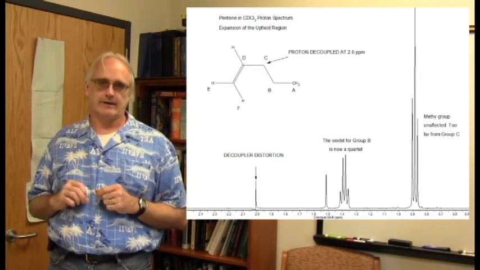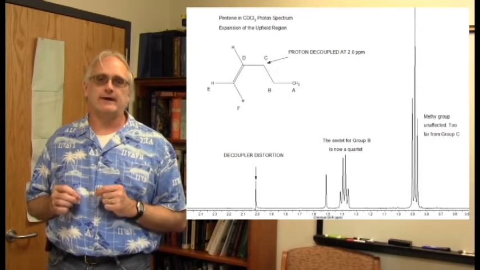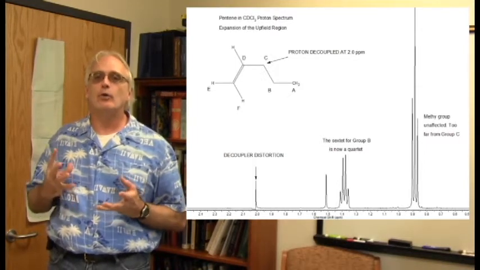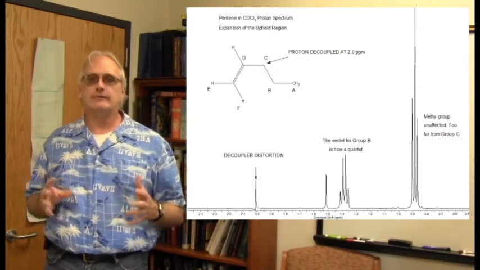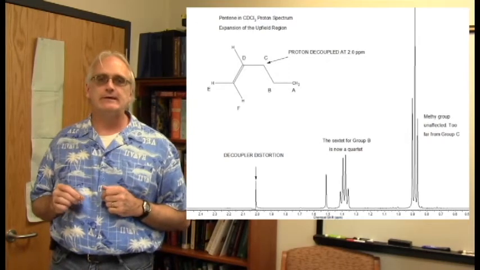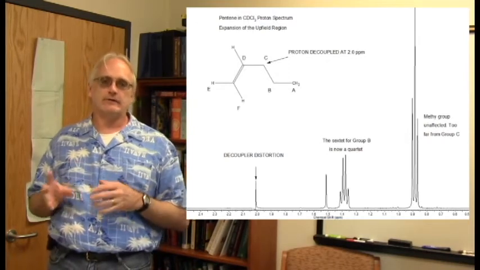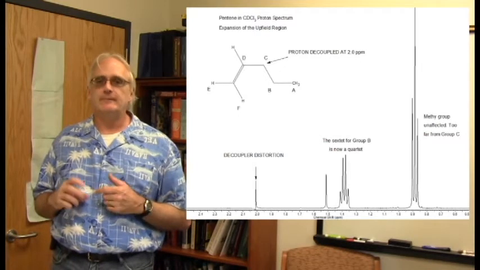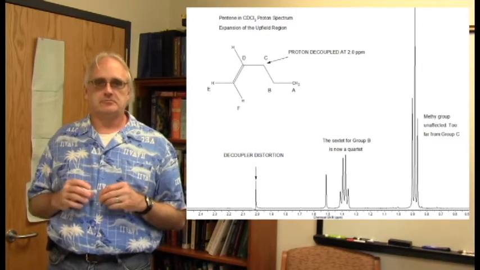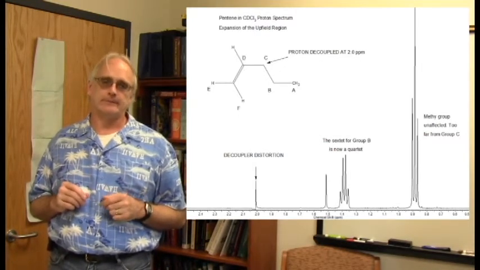Notice the protons at group A seem to be unaffected, and they are just too far away, 5 bonds away from the protons in group C, and so this pattern, this lovely triplet out here, the most upfield triplet of the bunch, is completely unchanged.